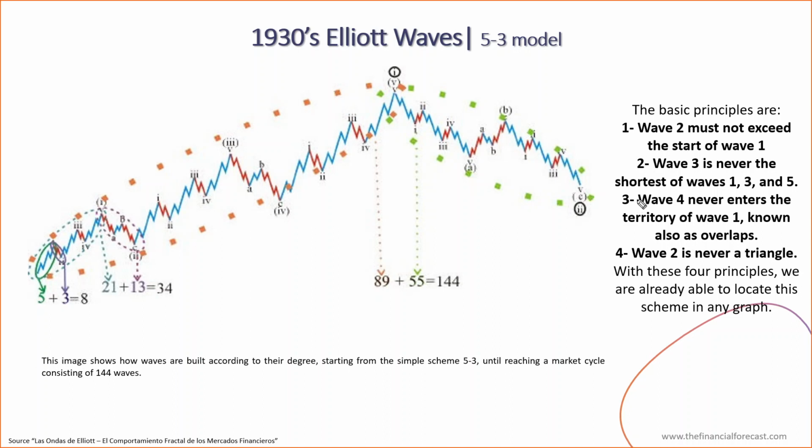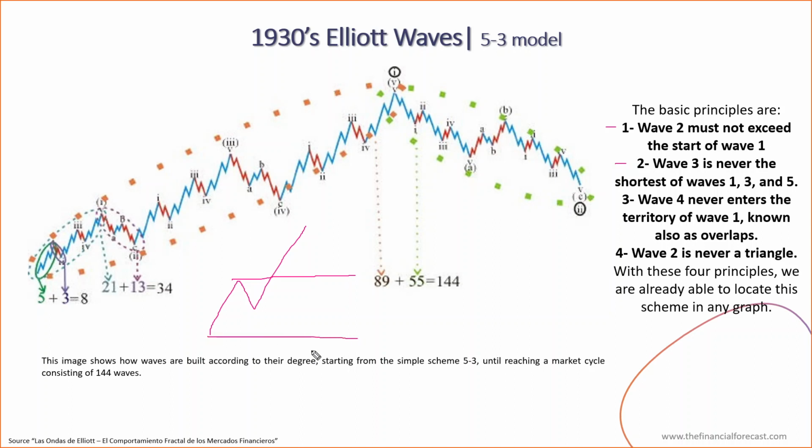The third rule: wave 4 never enters the territory of wave 1. Again, we are talking about a 5-wave pattern. So we have wave 1, wave 2, wave 3. Wave 3 is bigger than wave 1, so we are respecting rule number 2. We are respecting rule number 1 because wave 2 doesn't exceed the beginning of wave 1. And wave 4 cannot enter the territory of wave 1.